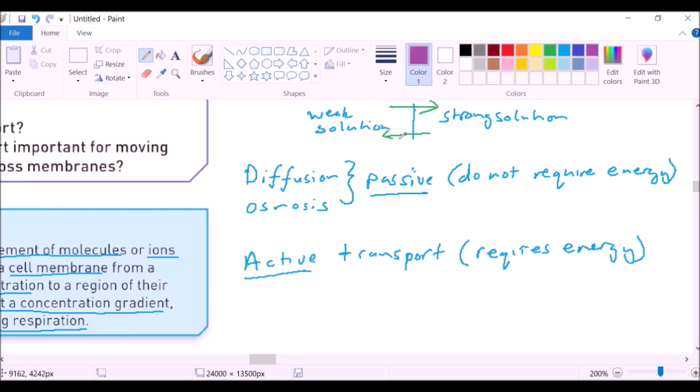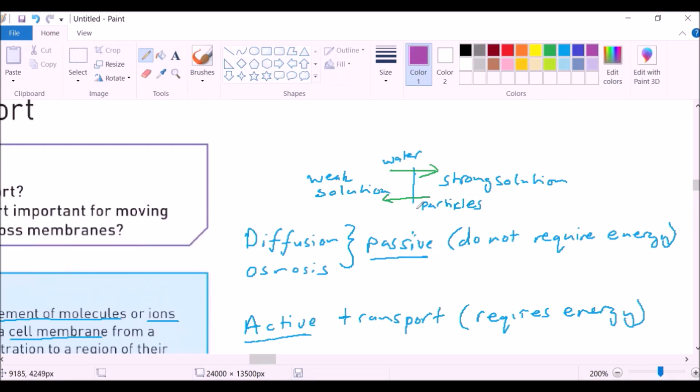But in active transport, particles will move from a weak solution to a strong solution using energy stored in the cell. So this is against the concentration gradient. Concentration gradient is in this direction, from a strong solution to a weak solution.